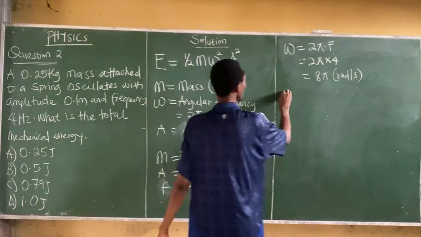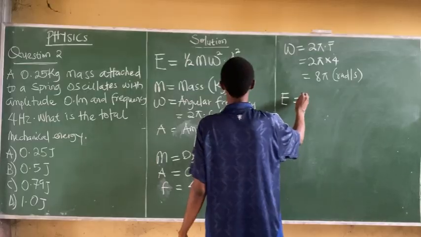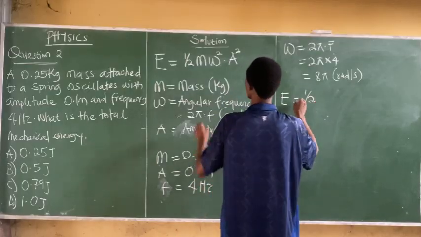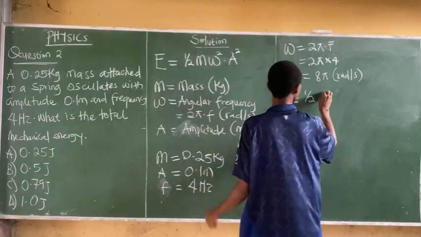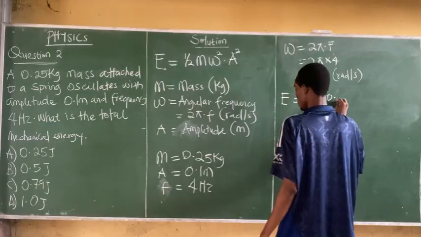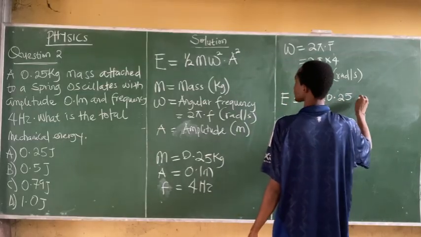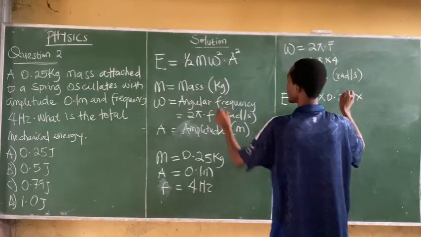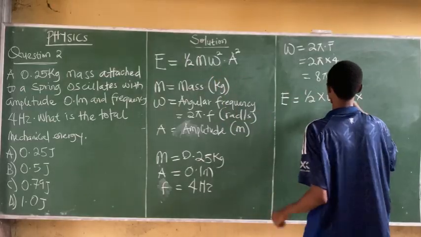We have E is equal to 1 over 2, m, the mass, is 0.25, times the angular frequency squared.